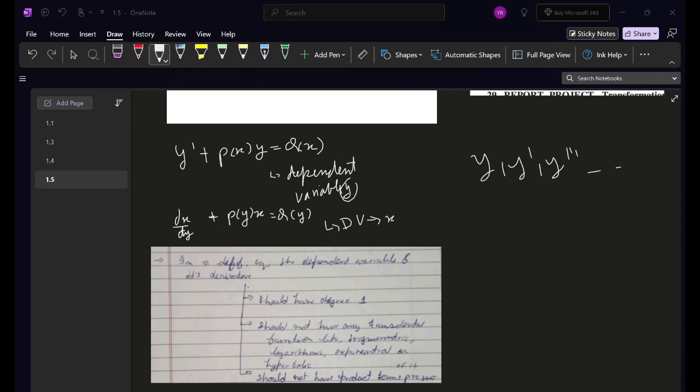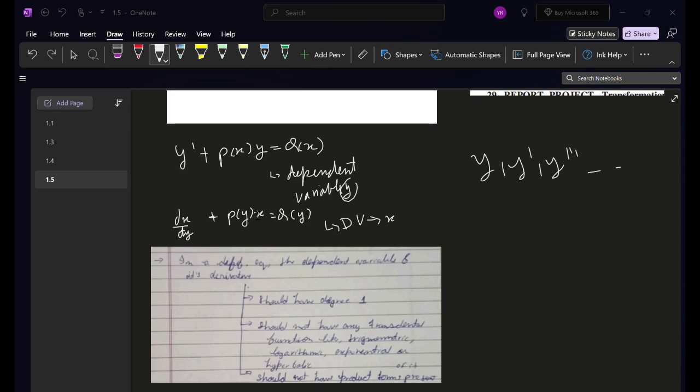I have some examples. Look over here. We can see that these are actually non-linear ODEs. Here y has been multiplied with another form of y, which is y', and they form a product, which should not be there. So this is a non-linear ODE.